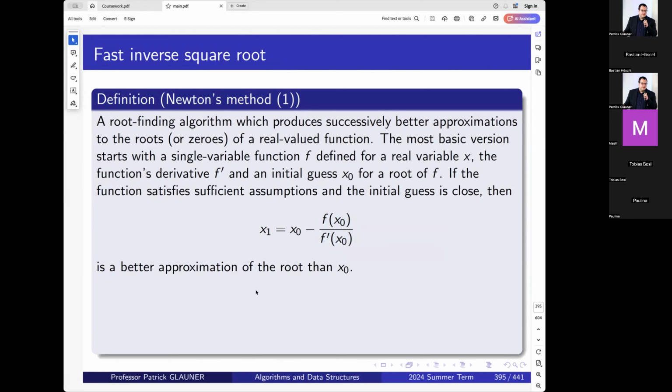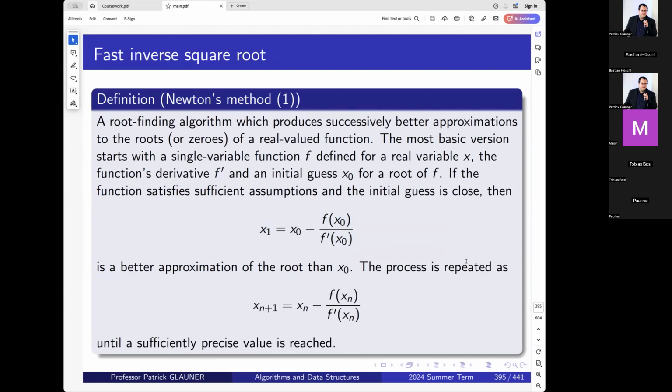And this will lead to a better approximation of this 0. So x1 is better than x0. And we can repeat this process and we can generalize it. So we can say the next x, x(n+1), is xn minus f of xn divided by f prime of xn.